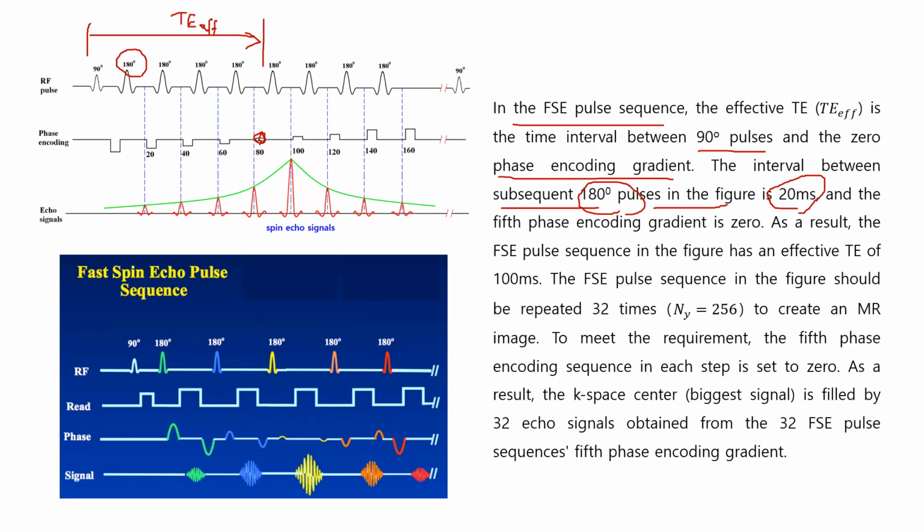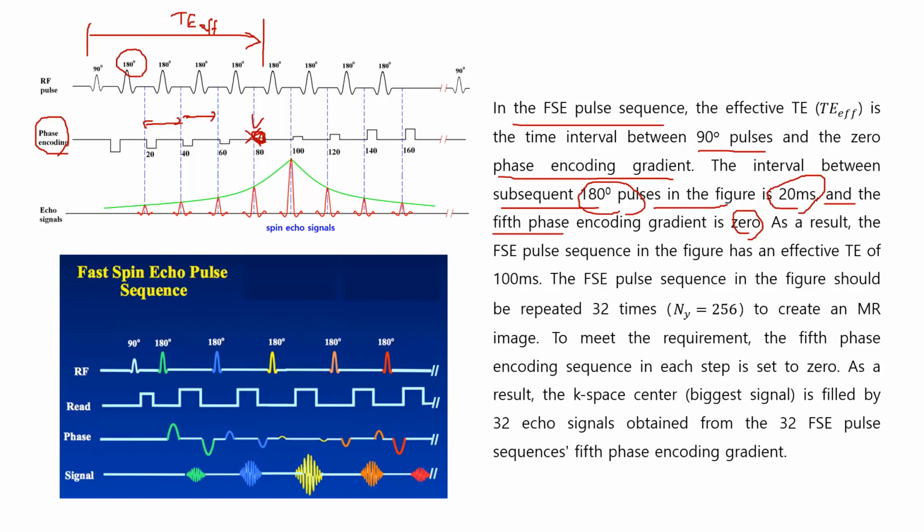So between these two points is 20 milliseconds, and this is also 20 milliseconds. And the fifth phase encoding gradient is 0. So at this position, no phase encoding gradient.